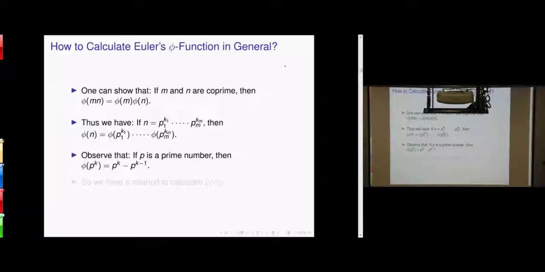But the phi of a prime to a certain power is easy, because below p to the k, the only numbers having a common factor with it must be divisible by p, right?